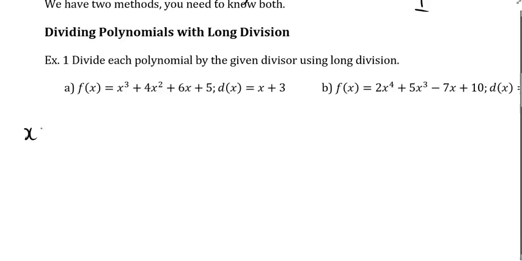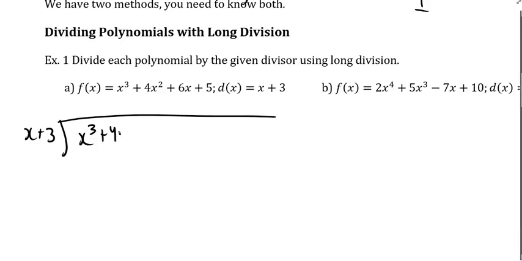So here we go: x plus 3. f at x is my function, what I'm dividing into. What am I dividing it by? d at x, which is x plus 3. So this question could have been written x cubed plus 4x squared plus 6x plus 5 divided by x plus 3. I think the textbook uses the division symbol kind of thing.